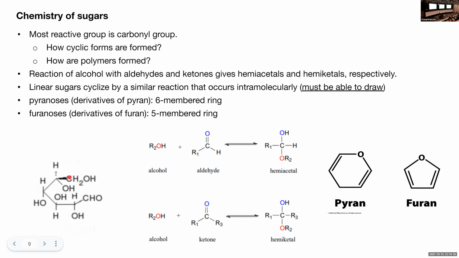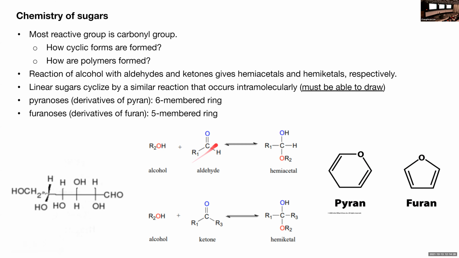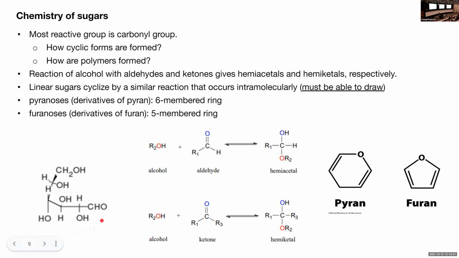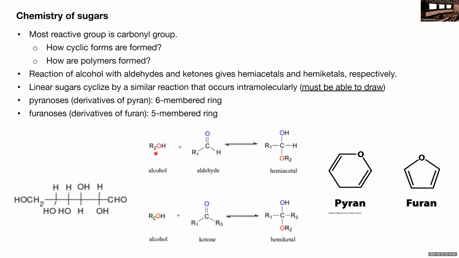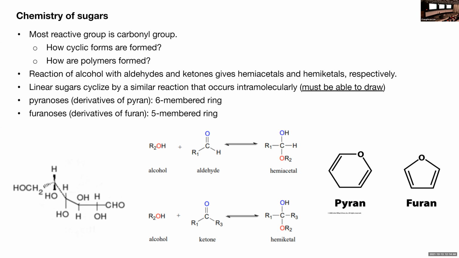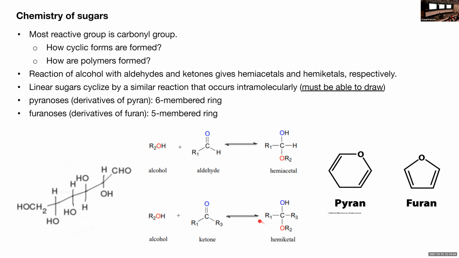As you can see, the sugar itself contains an alcohol right here on the bottom, and here's a CHO, which is the aldehyde. So there's a really reactive functional group here, and here's an alcohol. So this reaction can happen even within the sugar molecule, and that's the driving force for making the cyclical form of the sugar. A similar thing applies to the ketoses too.